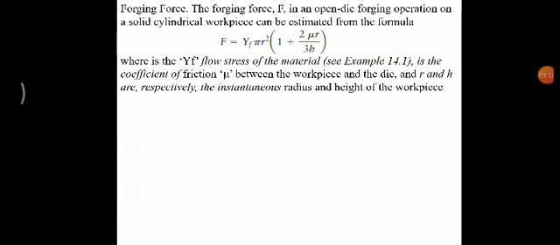Now the forging force is important to calculate, because we are dealing with different types of material. As new applications come, new materials have to be evolved, and you should know the material properties if you want to forge them.